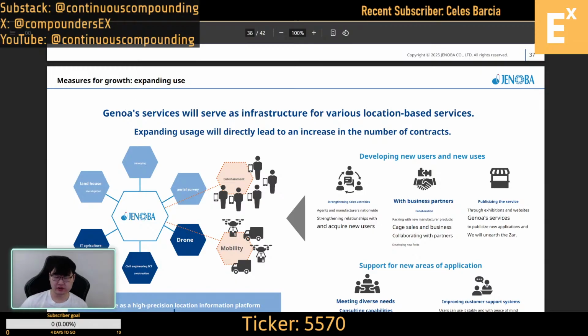Genoba's service will serve as infrastructure for various location-based services. Expanding usage will directly lead to an increase in number of contracts. Aerial survey, surveying, land house, investigation, IT. Developing new users and new uses, strengthening sales activities.